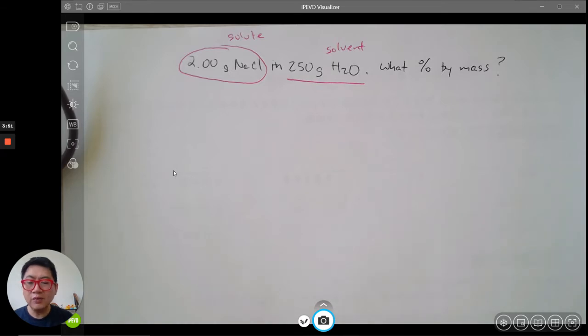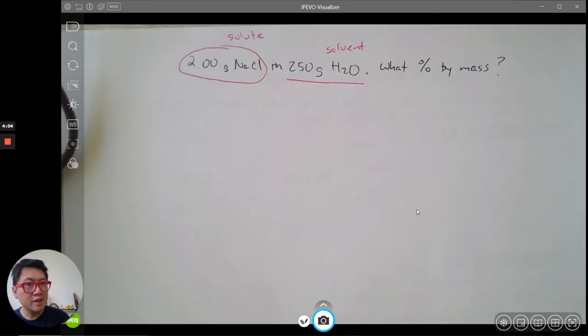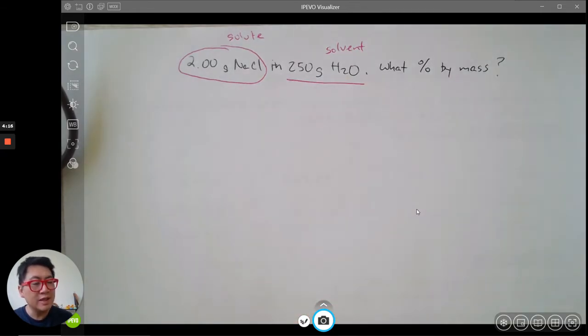The equation for percent by mass is mass of solute divided by mass of solute and the mass of solvent, times 100. These are already in grams, so my mass of solute is 2 grams and my mass of solvent is 250 grams.